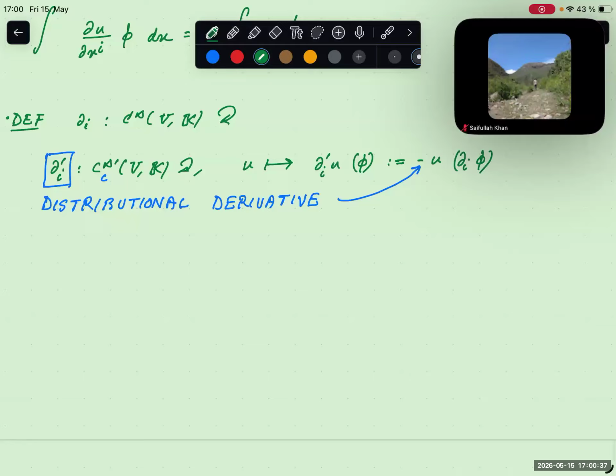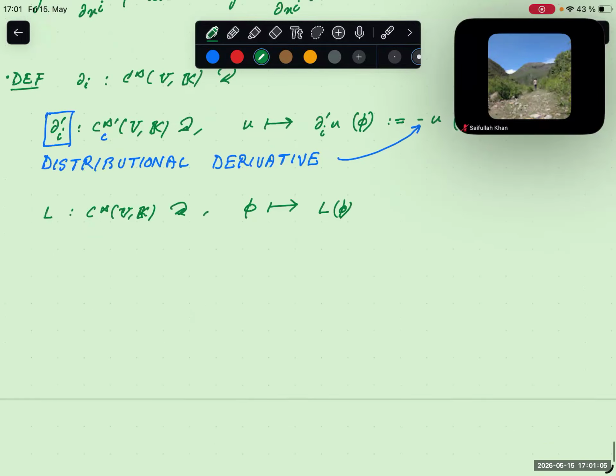So now we just imitate this for a general situation. So we have an operator, a differential operator L, on smooth functions to itself, which means that we take phi and then L of phi.